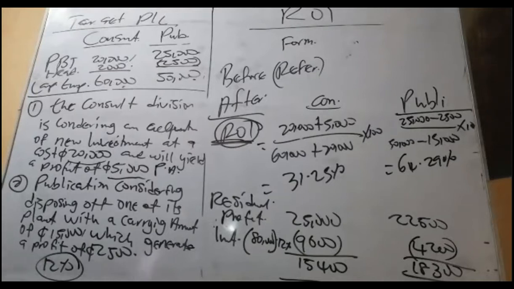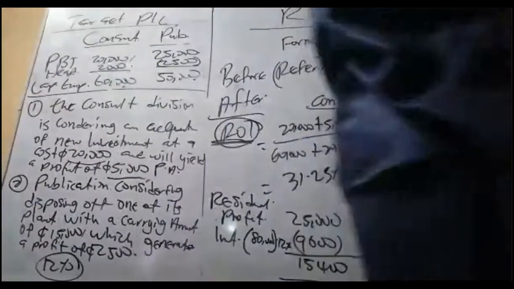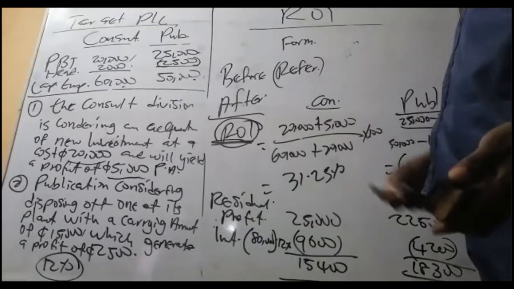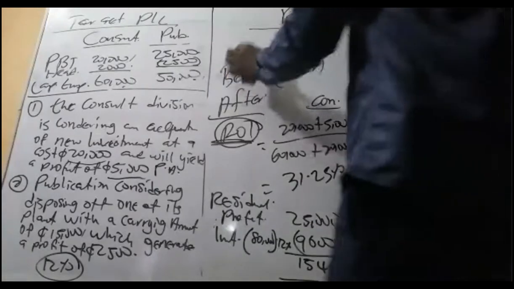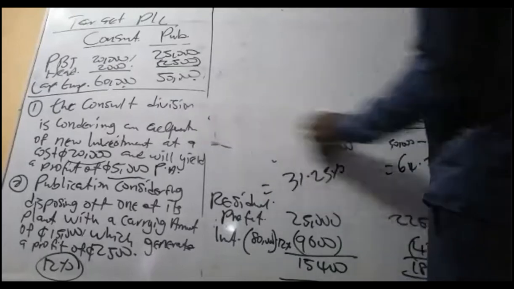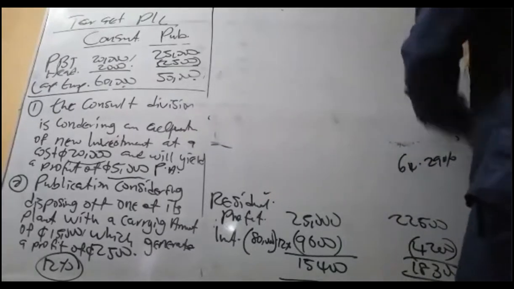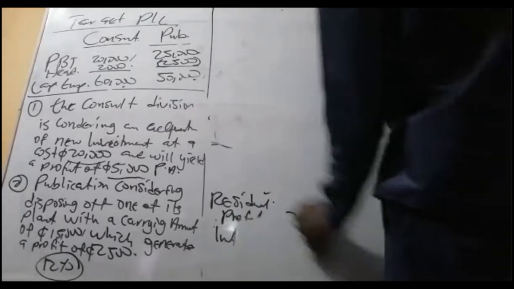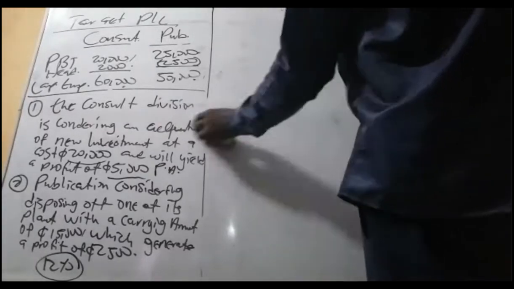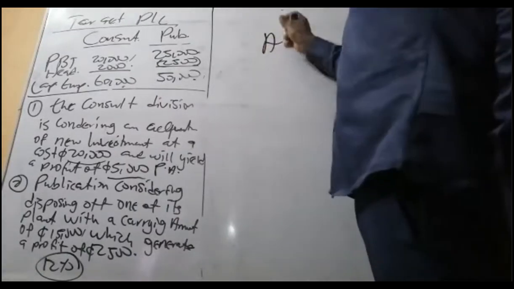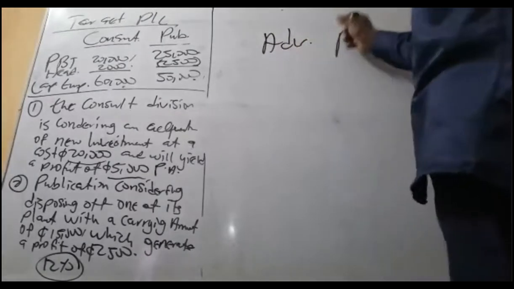Okay, the first one, we said that it's easy and the most common form because it conforms with accounting profits. Like how we've calculated the accounting profit, the same way we calculate the divisional performance. So in a way, it's simple, easy to understand.